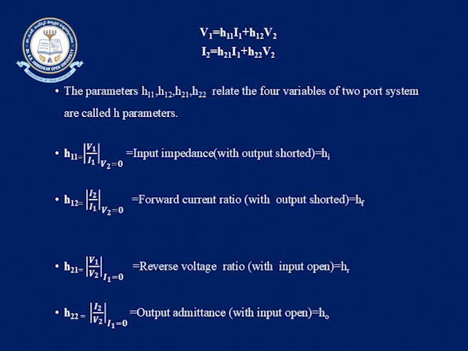So H11 is input impedance, H12 is reverse voltage ratio, H21 is forward current ratio, H22 is output admittance. Input impedance is represented with HI, forward current ratio with HF, reverse voltage ratio with HR, output admittance with H naught.